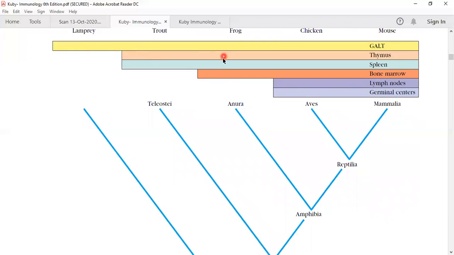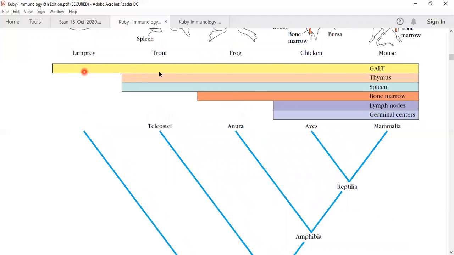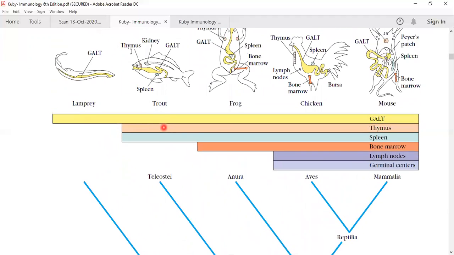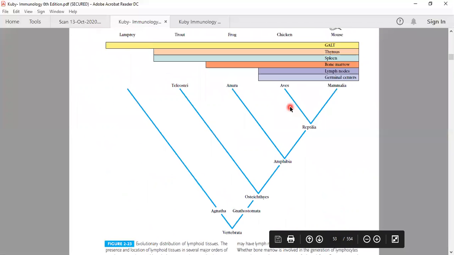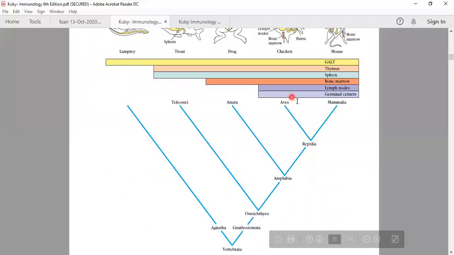So this colored, barred line is showing in which organisms these immune system lymphoid organs or lymphoid tissues are present. And this is the evolutionary tree, which is showing that aves and mammals have lymph nodes and germinal centers and secondary lymphoid follicles. Whereas the amphibians giving rise to anura may have bone marrow.